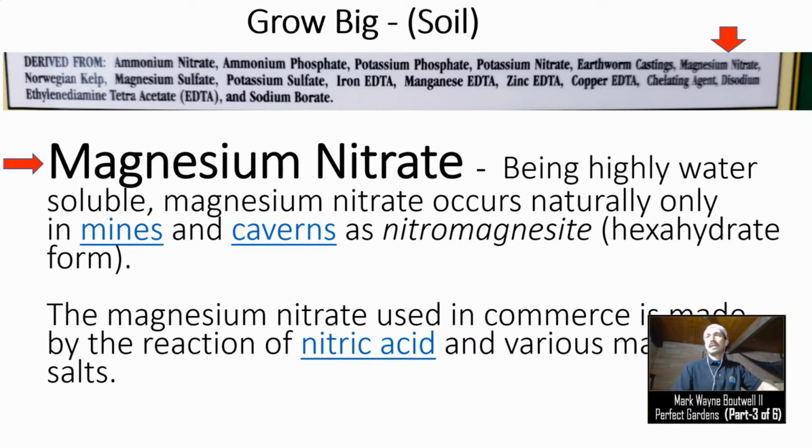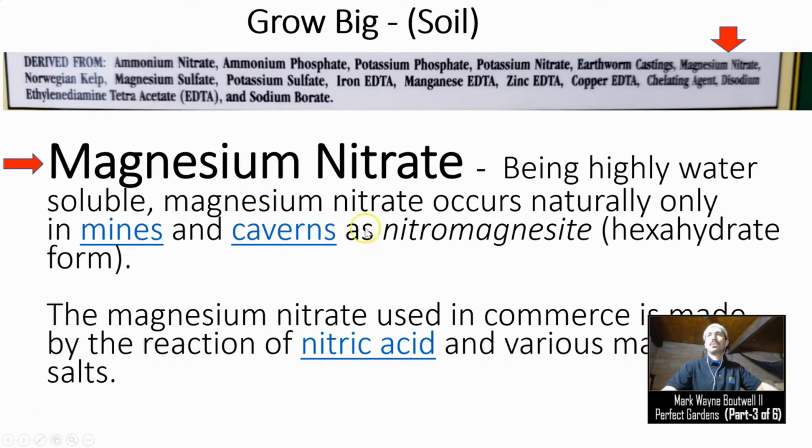Magnesium nitrate. Being highly water-soluble, magnesium nitrate occurs naturally only in mines and caverns as nitromagnesite, which is a rock. So, at the end of the day, the magnesium nitrate used in commerce is made by the reaction of nitric acid.